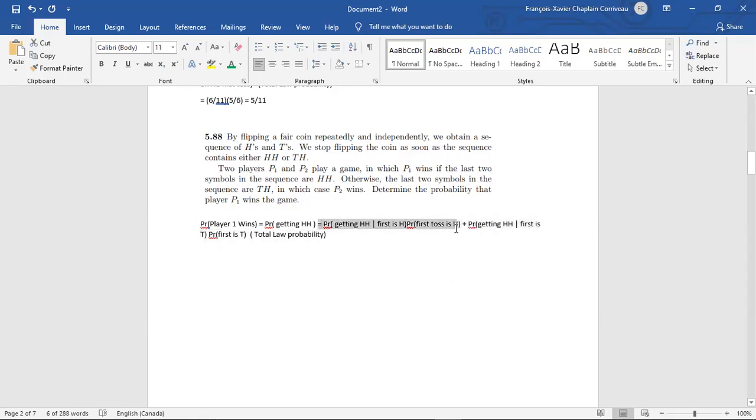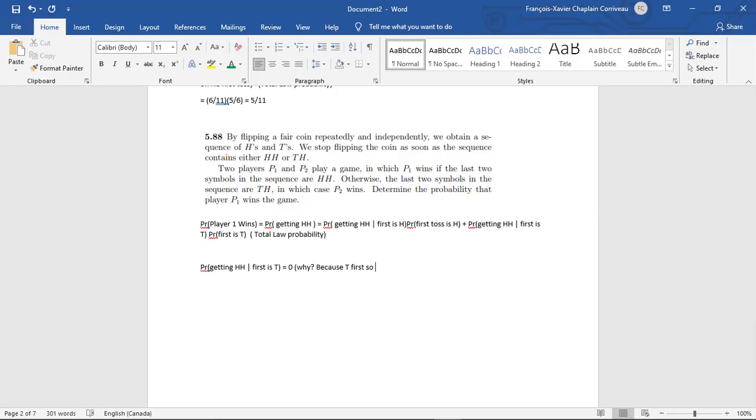So now what is this probability here? I'll just write it here. This probability is equal to zero. And you can tell why. Because flip tails first.